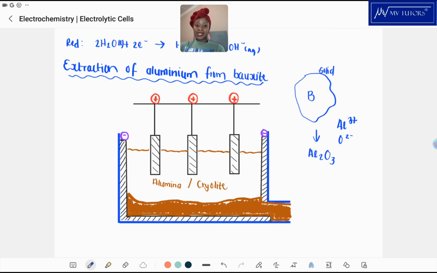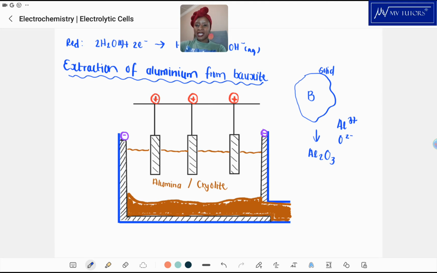South Africa does import bauxite, and whoever's buying it will purify it, because the process of extracting aluminium from bauxite is very, very expensive. So you don't have the luxury to heat it to more than 2000 degrees Celsius.